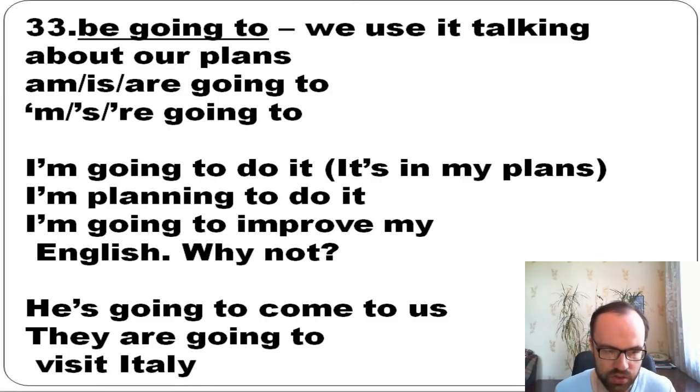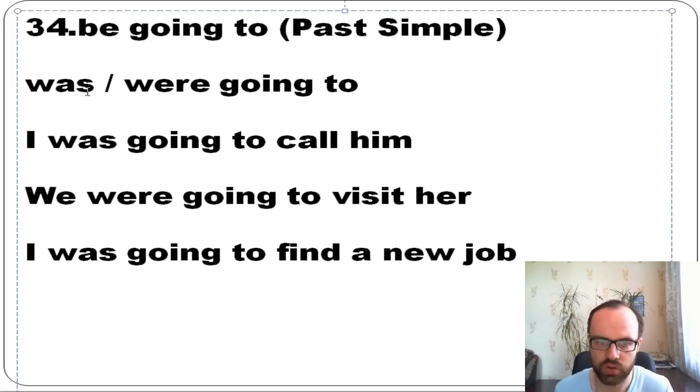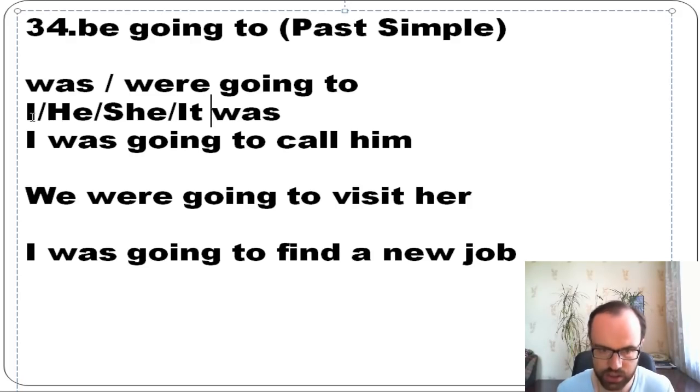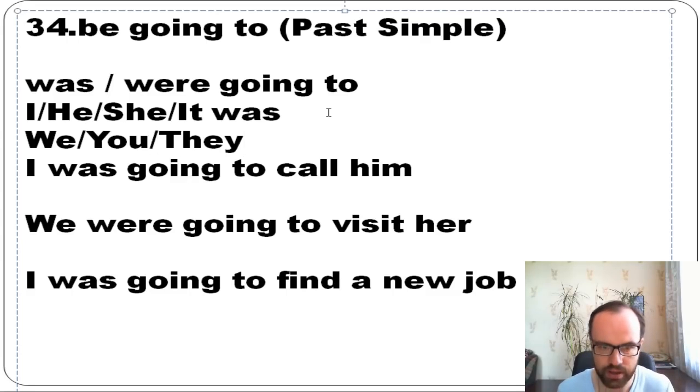Okay. And you can also use the structure in past simple. So was or were plus going to. So you know that you use was after I, he, she, it. And you use were after we, you, they.